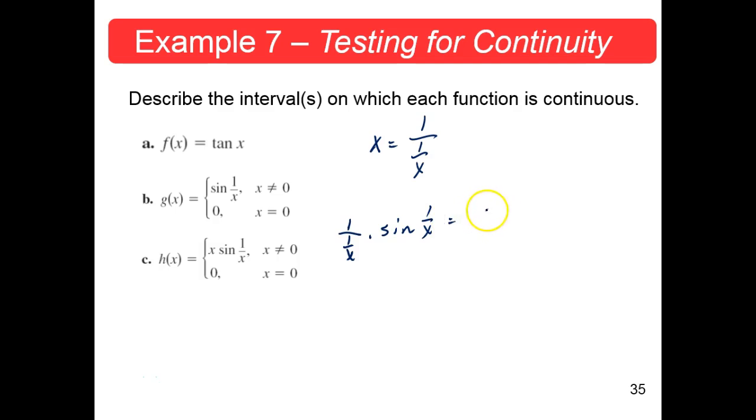Which would be the sine of 1 over x over 1 over x. And if you made the 1 over x something like u, it'd be sine u over u. What would that be? Sine u over u as x is approaching 0 would be 1, right? We had that one.